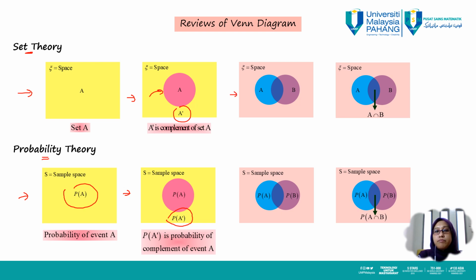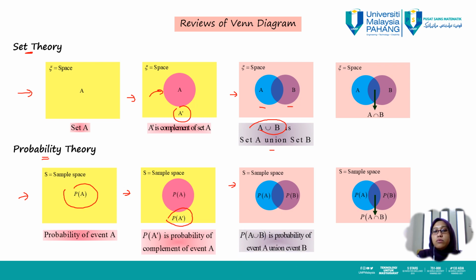The next picture is for union. A union B is set A and set B united. But for probability, we use P, P(A union B). And lastly, this is for intersection.